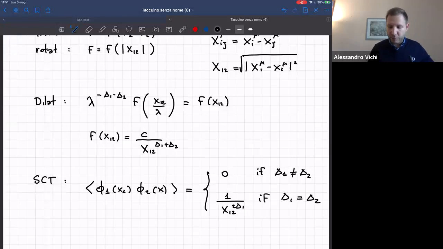So special conformal transformation restricts the form of the correlation function of two objects to be 0 if these two operators do not have the same scaling dimension.